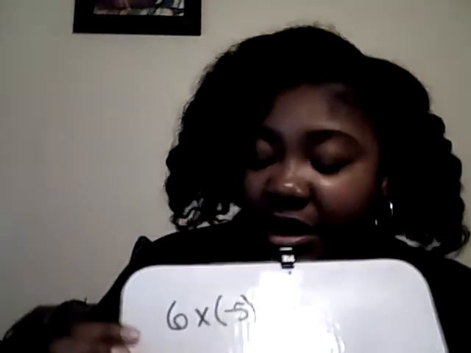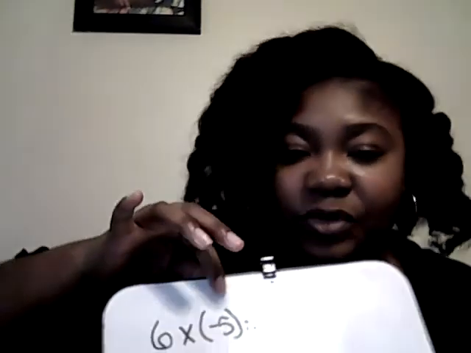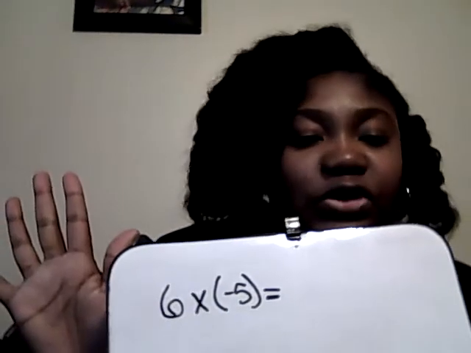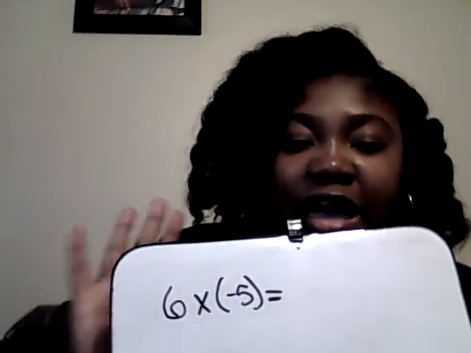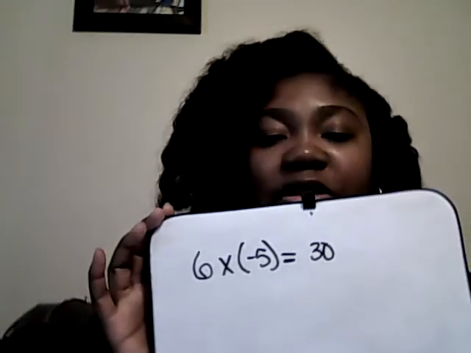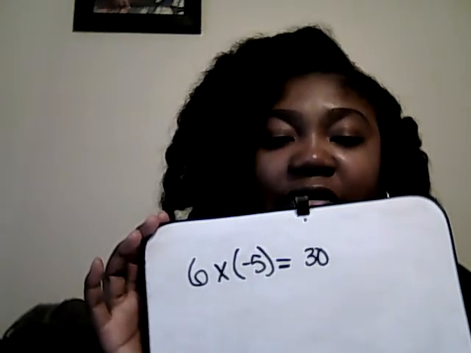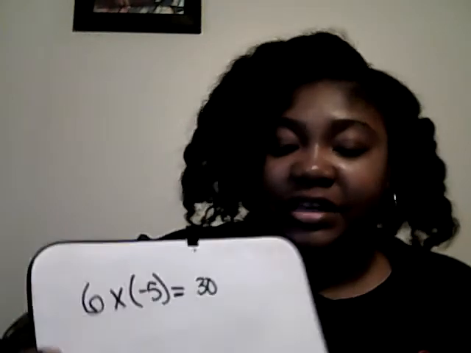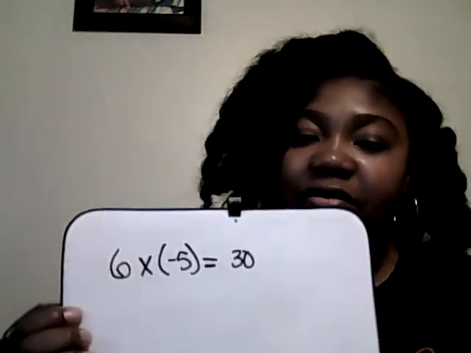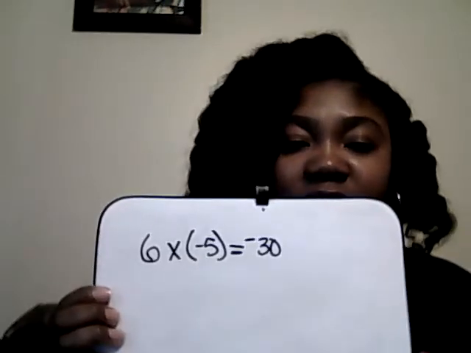Again, we have a positive times a negative, and it's in parentheses or in the bracket, but you're still just multiplying it out. 6 times negative 5 is 30. And we need to figure out is it going to be negative or positive. If you said positive, you are wrong. This one is negative because positive times negative is negative. So the answer for this one is negative 30.